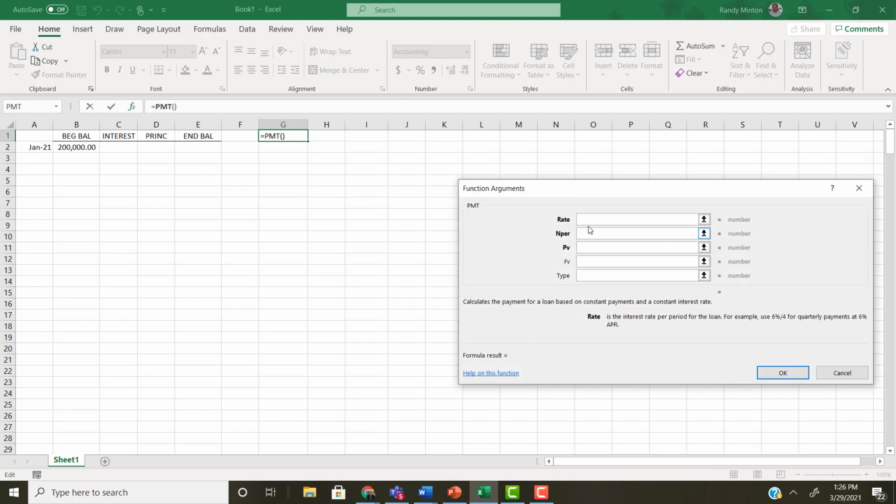And you have three dialogues that you have to fill in. For the rate, I'm going to put in 0.06 divided by 12, which will give you that 0.005. For the number of periods, typically these days people buy a home for either 10 years, 20 years, or 30 years.